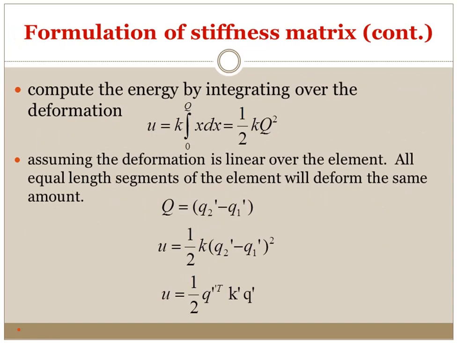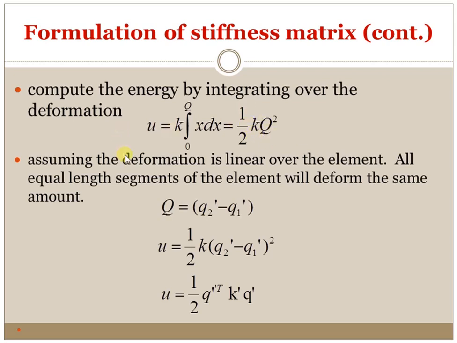Now we have to compute the energy by integrating over the deformation, because we are going to calculate strain energy. So you can write u equal to K, the stiffness, times the integration of 0 to q of x dx. After applying limits and integrating, you will get 1 by 2 K q square.